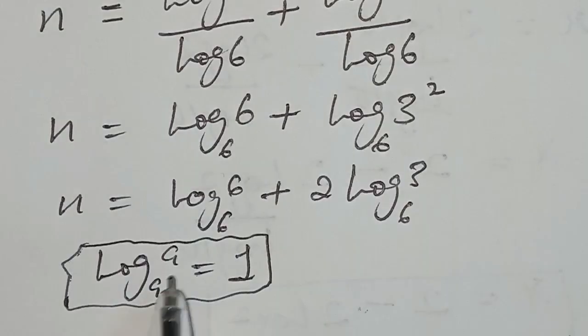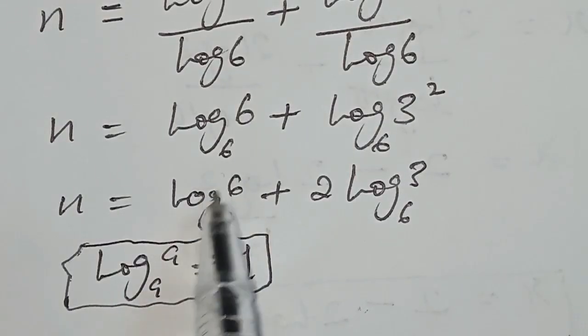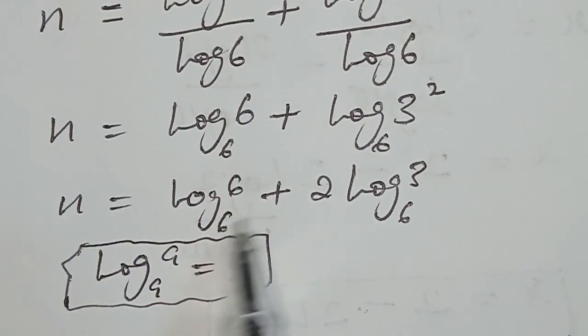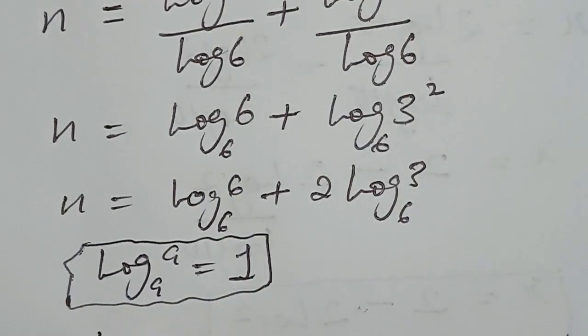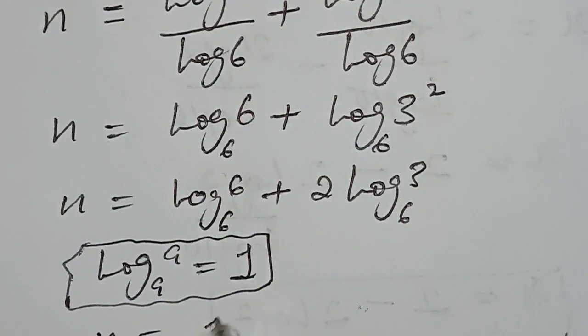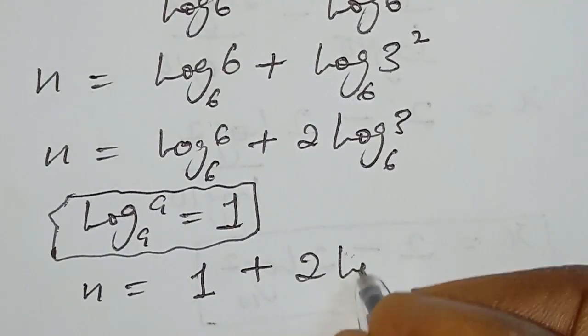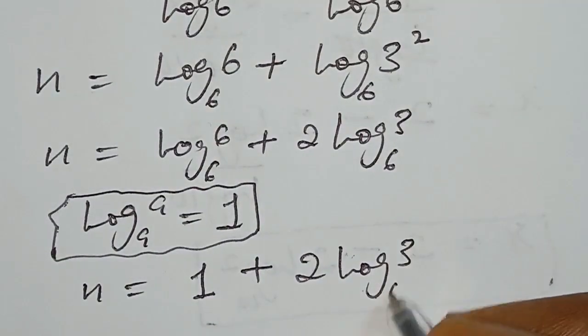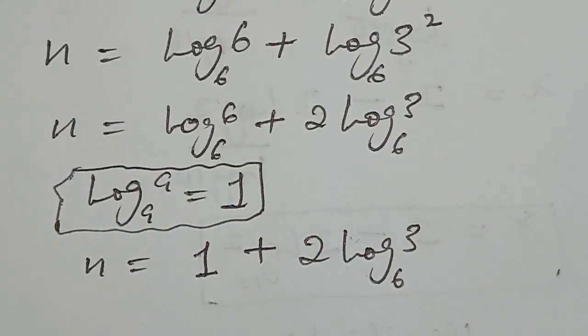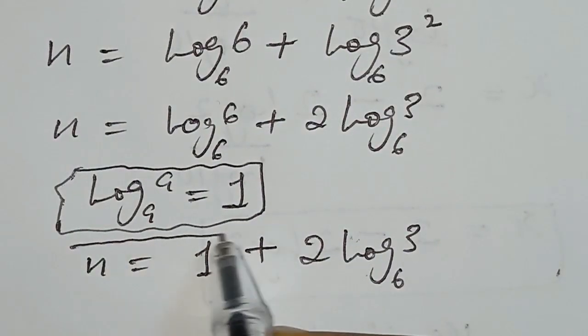So log 6 base 6 will be equal to 1. So we have n equal to 1 plus 2 log 3 base 6. This is our value of n.